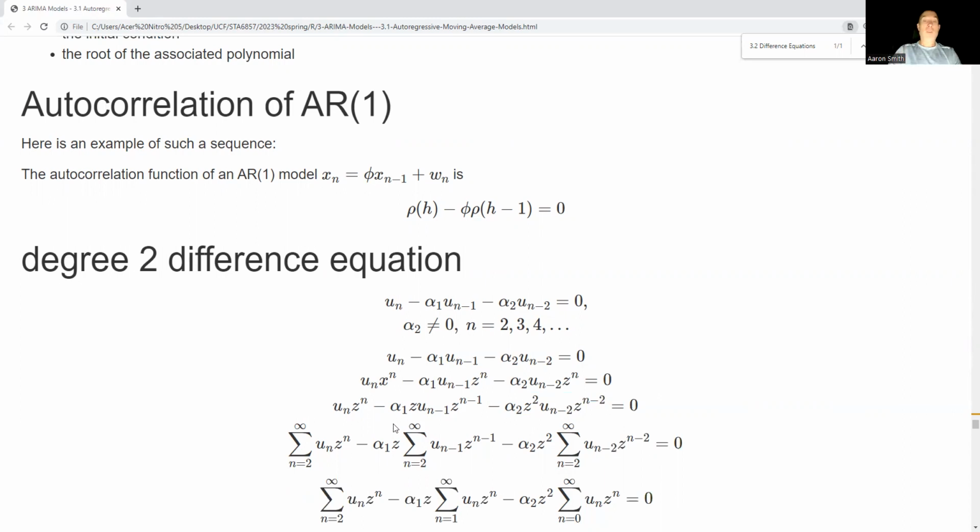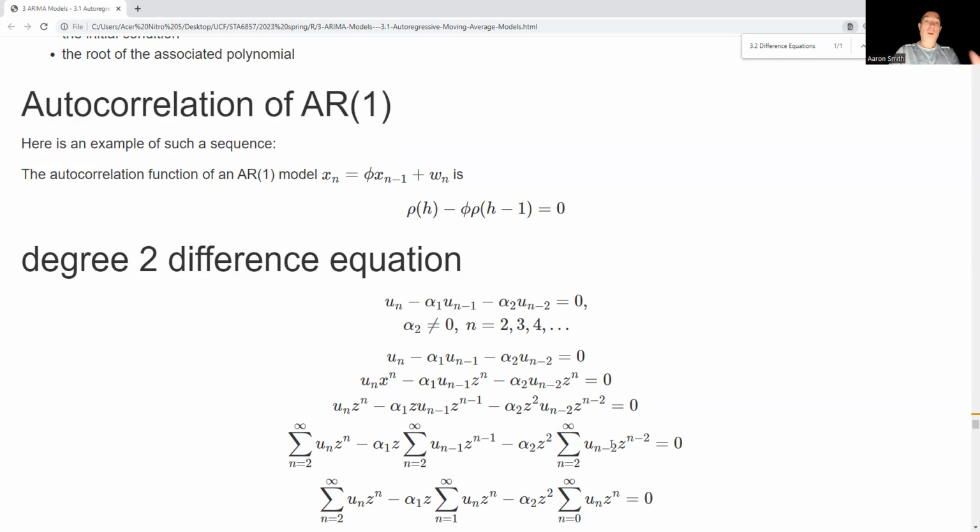This equation holds for any n 2 or larger. Now I'm going to do the summation for n goes from 2 to infinity. Now I'm invoking actual series. When I do that, we see that I have a series, a series, and a series. Now these are very similar.